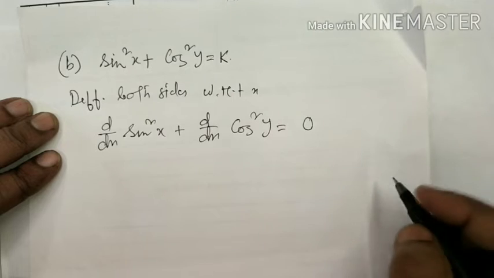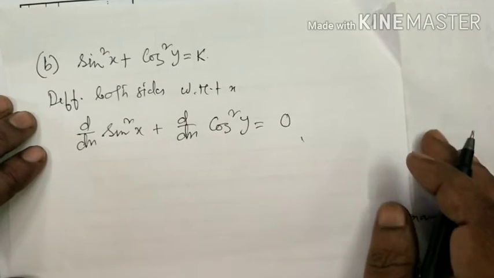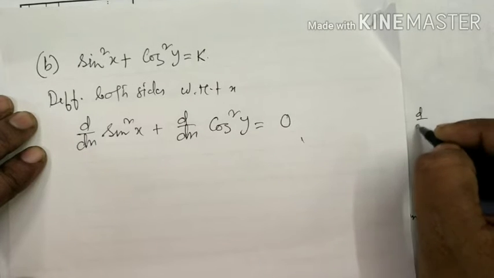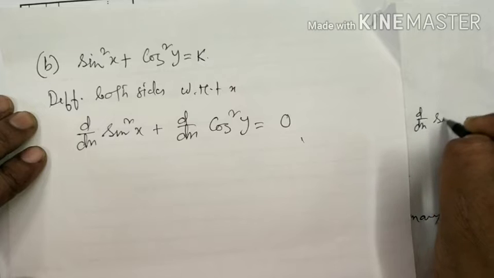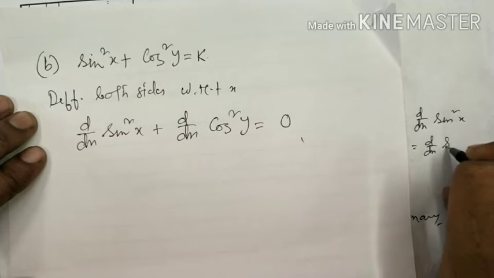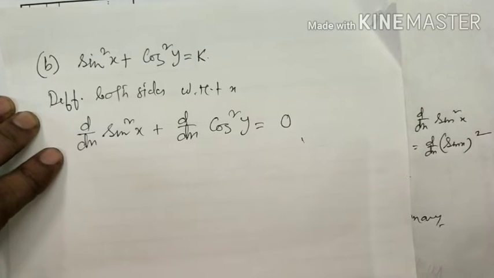Then very interesting, you will see. Here you see d/dx of sin square x. How to find? You first write d/dx of sin square x means what? (sin x) whole square.